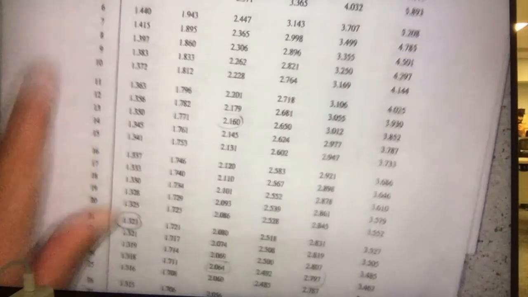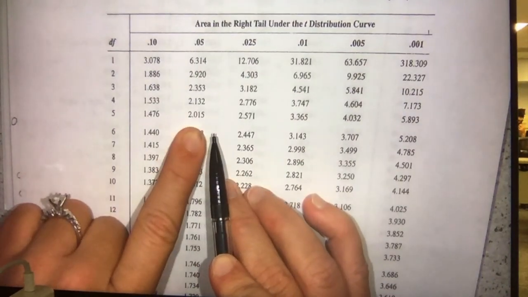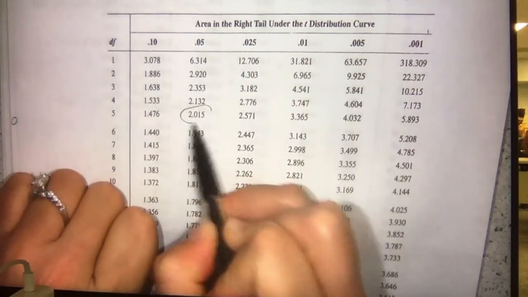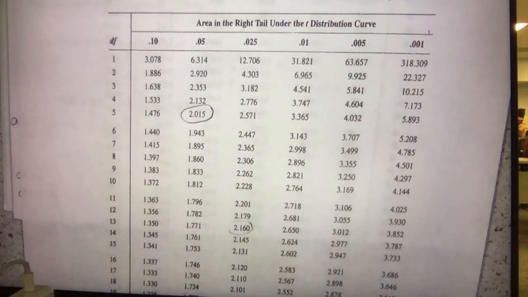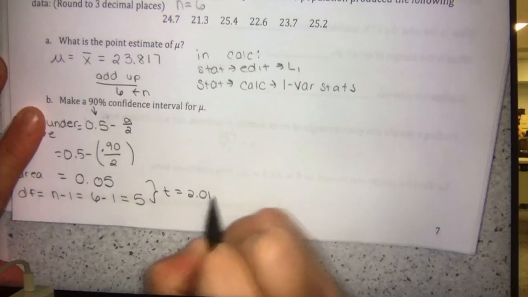All right, so our degrees of freedom is 5. Going over, our area is 0.05. So boom, we get our t score, t value of 2.015. So t equals 2.015.